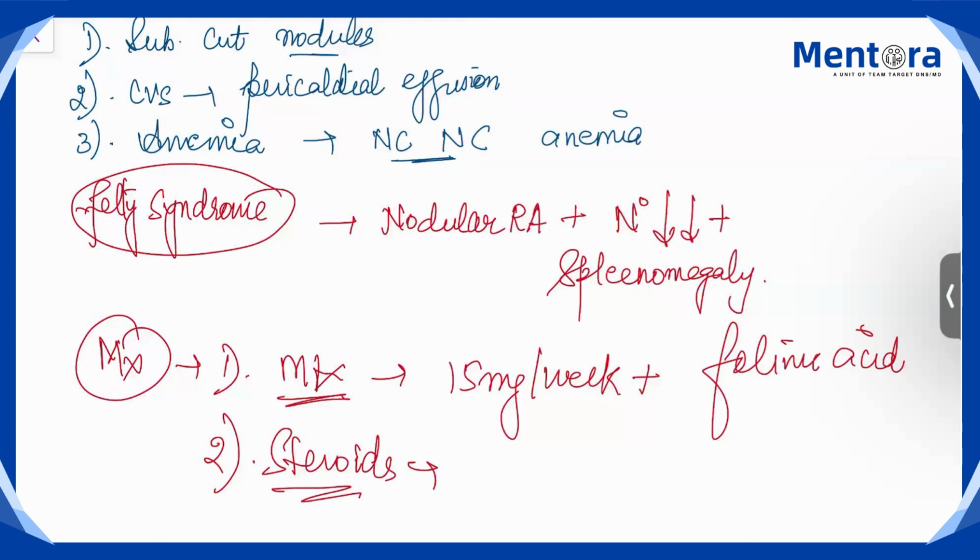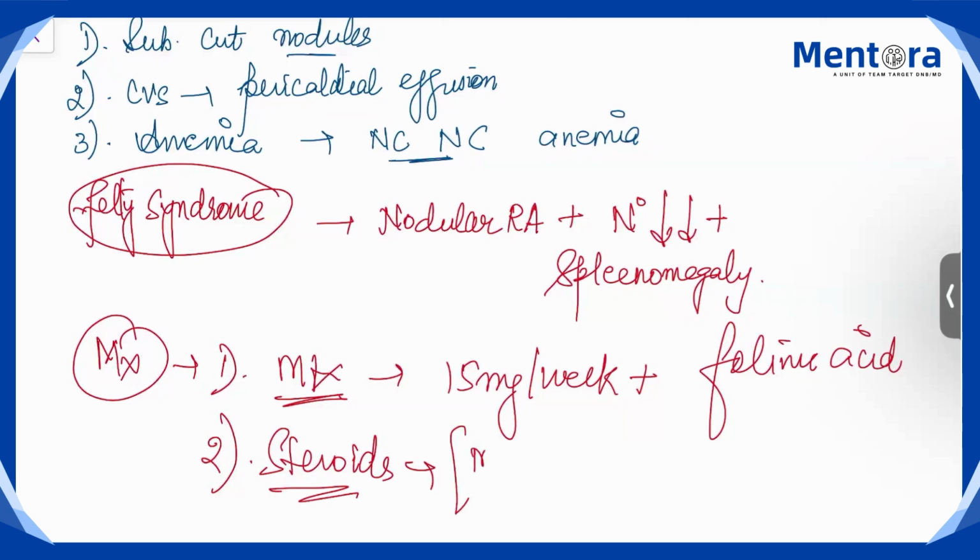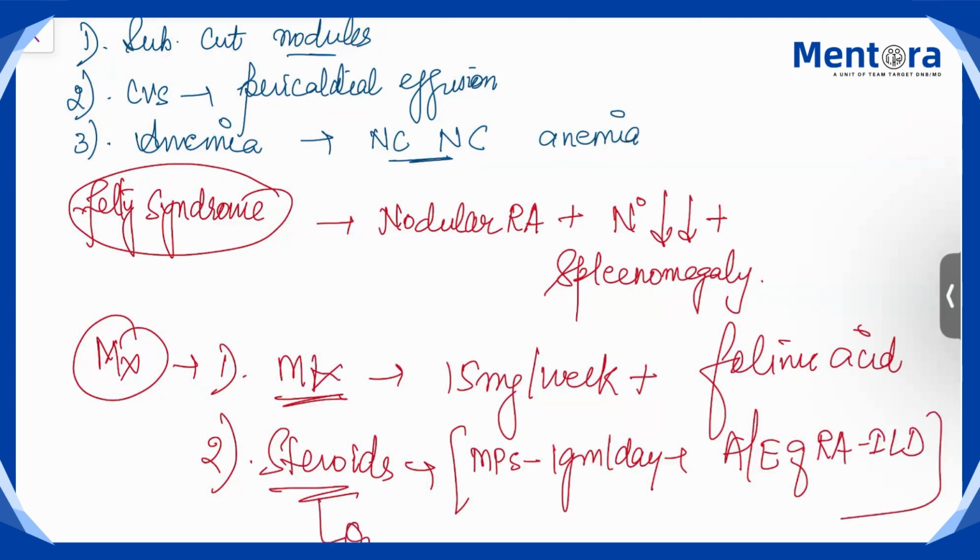If the patient has come in acute exacerbation of RA-ILD, then you will have to give pulse steroid, that is 1 gram per day, plus oral steroid to treat the articular disease. Once you are treating the articular disease with steroid, your pleural effusion will also automatically resolve.